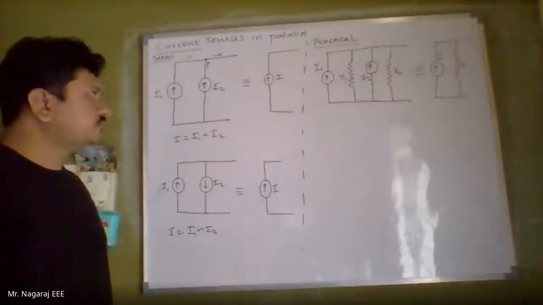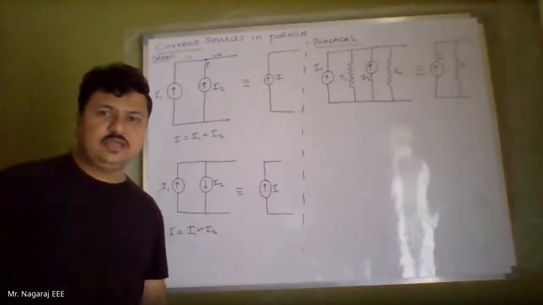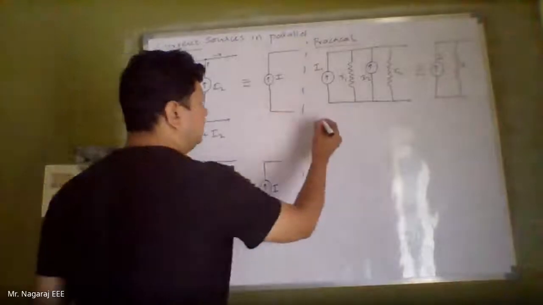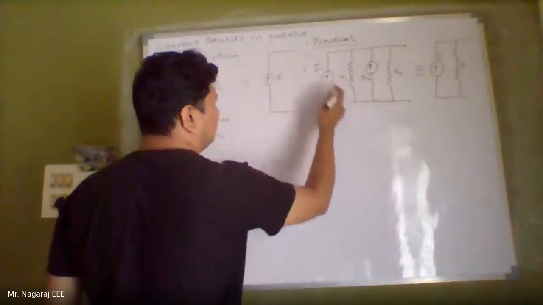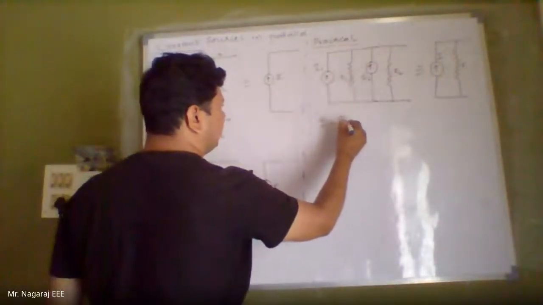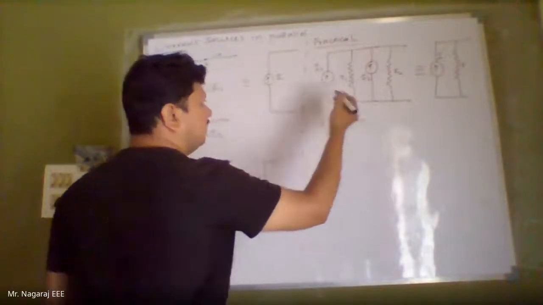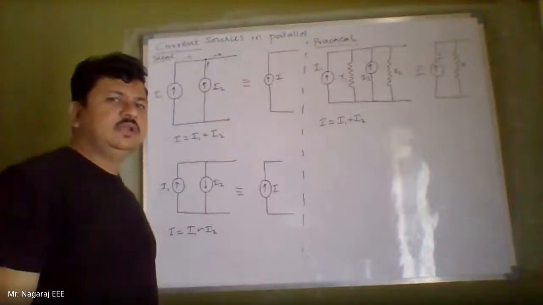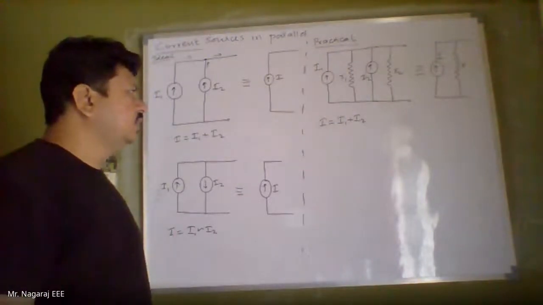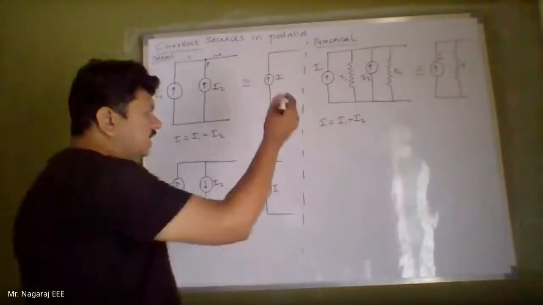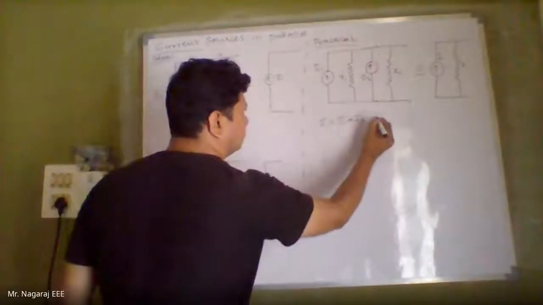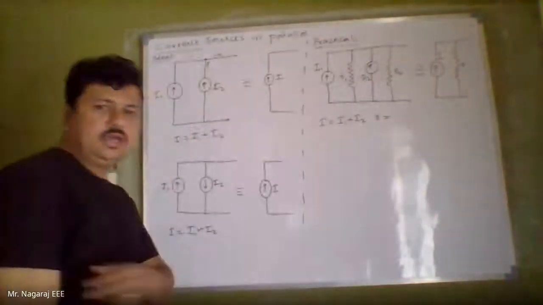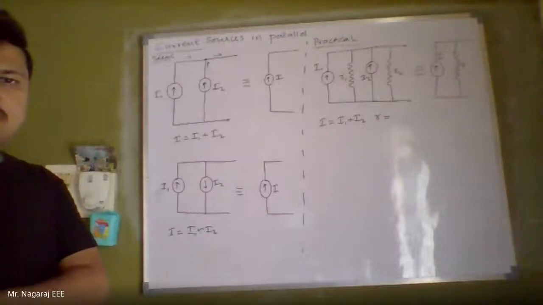Now what is the value of source I? In the direction of current, it is I1 plus I2. If any one is opposing, then it will be I1 minus I2. That is also the case. Now what is R? Look here, R1 and R2 are in parallel.